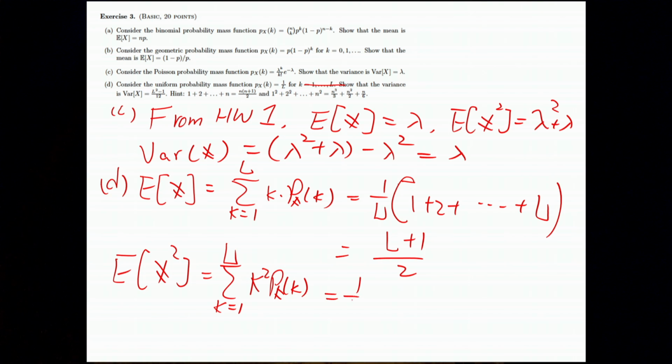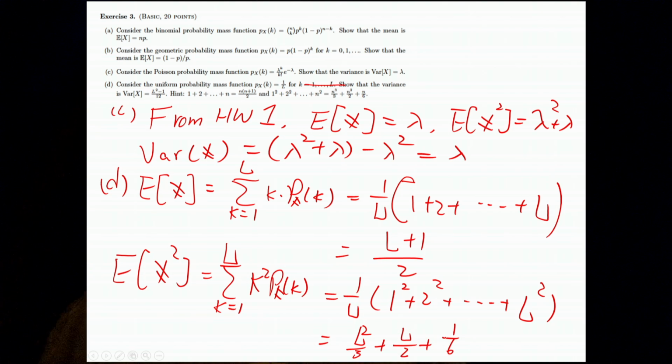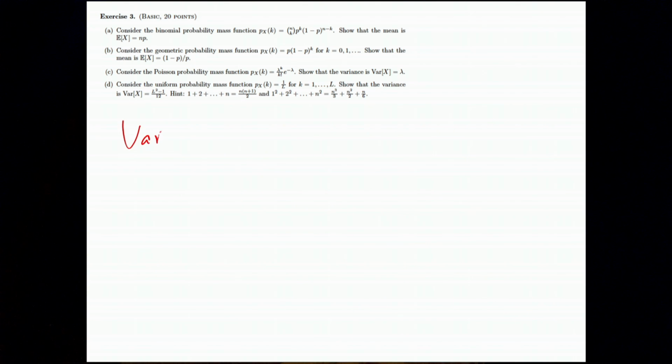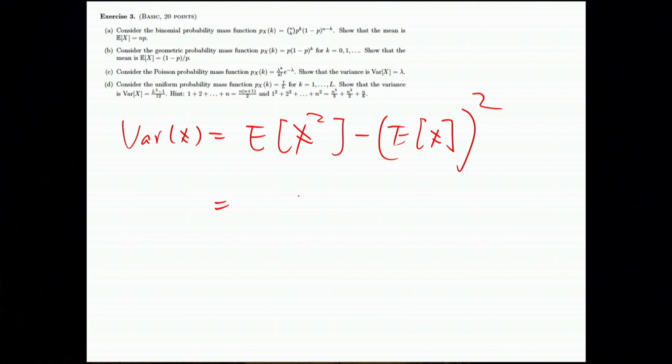Then it is 1 squared plus 2 squared plus up to L squared, over L. Then you will get L squared over 3 plus L over 2 plus 1 over 6. And then finally the variance is just the expectation of x squared minus the mean squared, which is here.